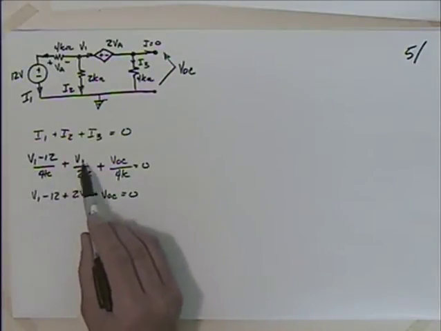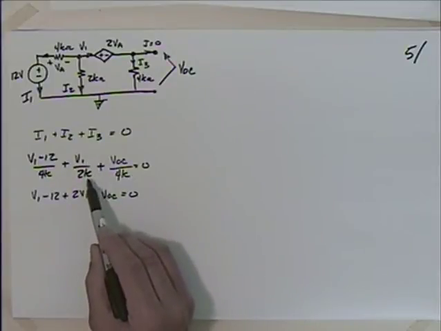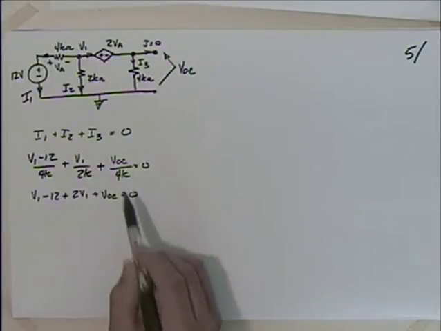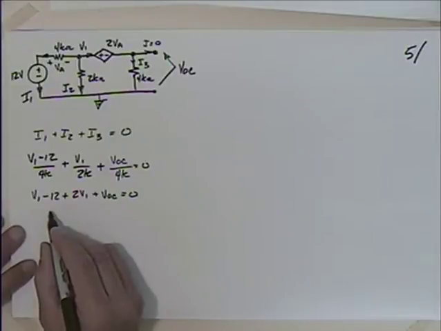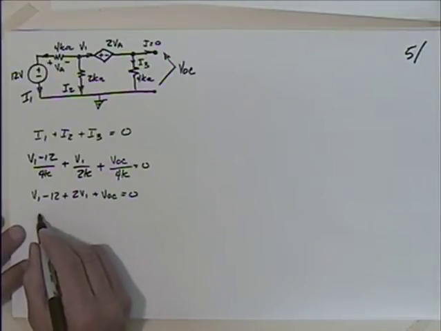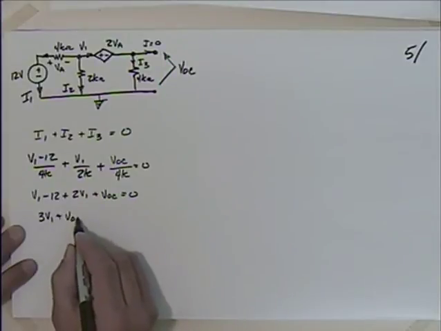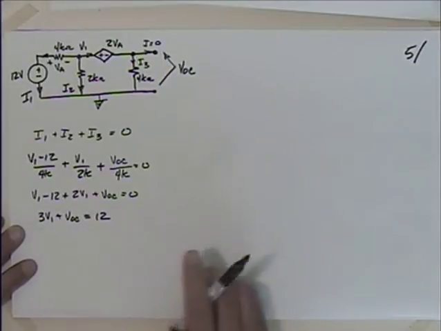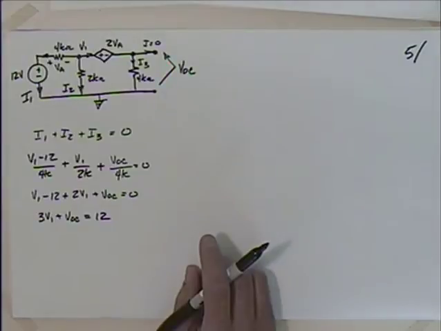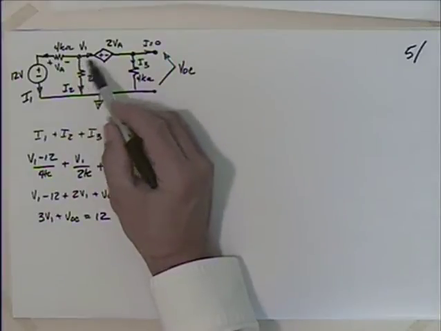V1 minus 12, 2V1 over, yeah, and V open circuit. So how many V1s do I have? I have 3 V1 plus V open circuit is equal to 12. That's a nice equation, but it has two unknowns, V1 and V open circuit. So hopefully I can relate those.